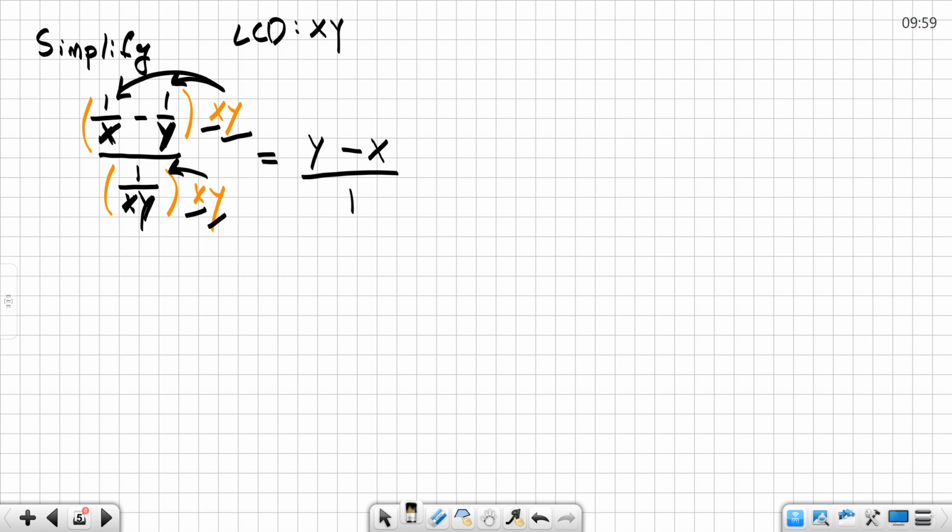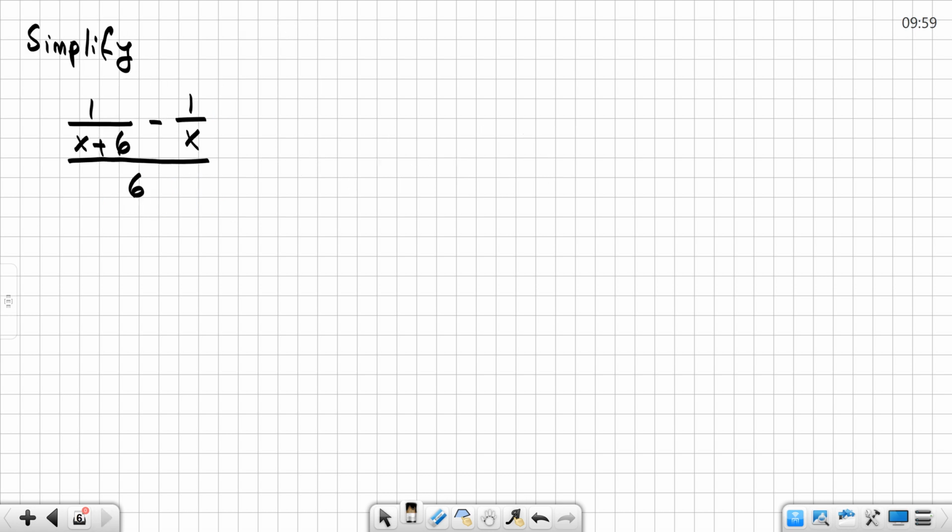And I'm just left with 1. So here's our answer. y minus x. All right, this was really a very short one, even though it looked a little bit complicated to begin with. Let's do the last problem for today.